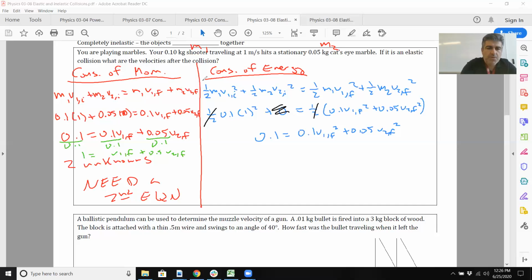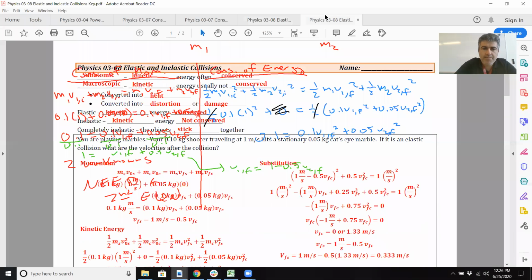And then they do a substitution. v1f equals 1 minus 0.5 v2f. So yeah, that's what we have here.